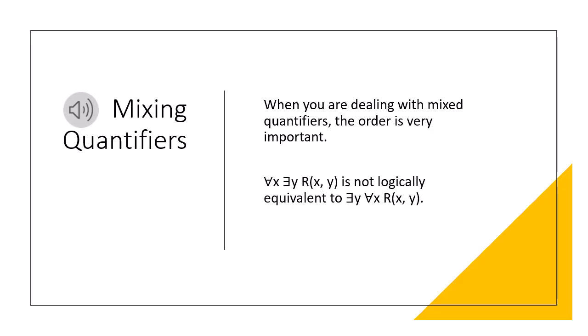In the previous slide, we talked about multiple quantifiers, but only when the quantifiers were the same. So we had two existential quantifiers or two universal quantifiers. There are some pitfalls that you should be aware of as well when you're using two different quantifiers at once.